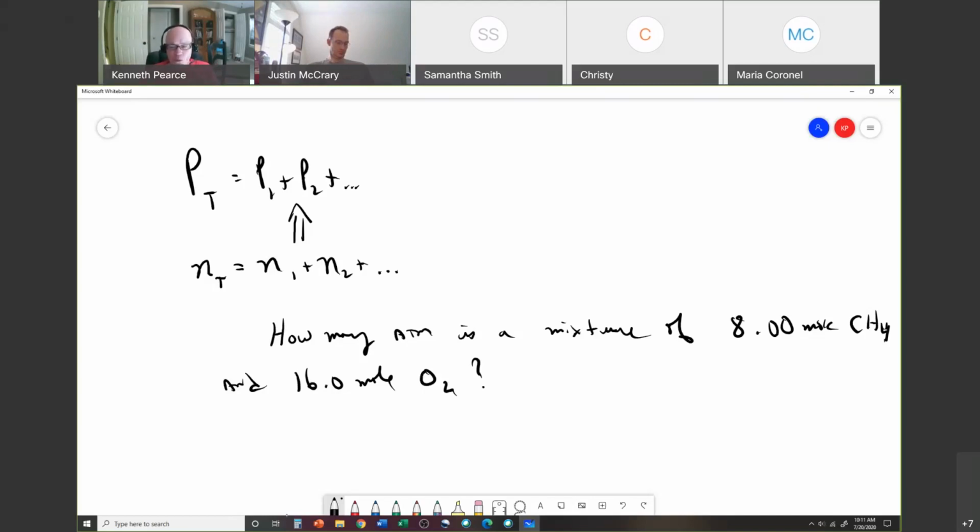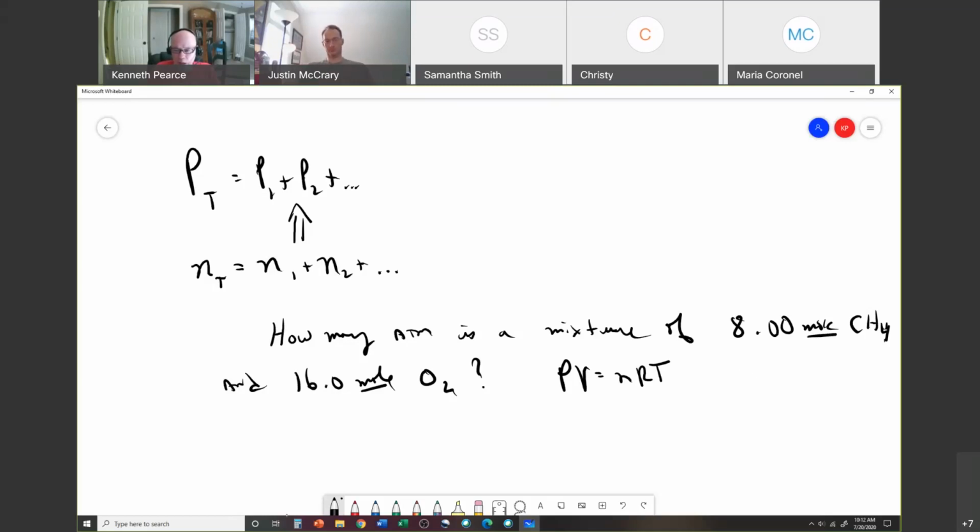And so the beauty of all of this is we don't have to do more than one calculation. Really, I have to do one calculation in all of this, and that is PV equals nRT. I have the moles. And so what am I going to do here? We need a temperature too.